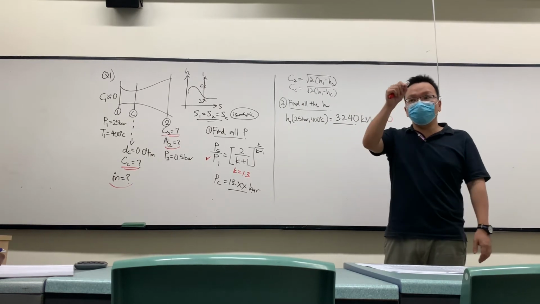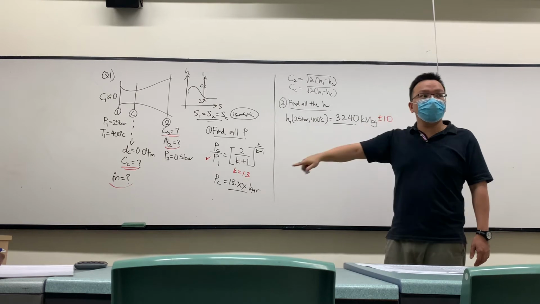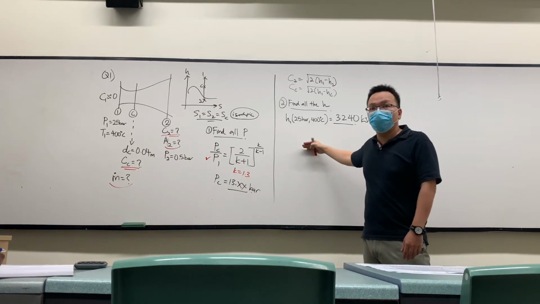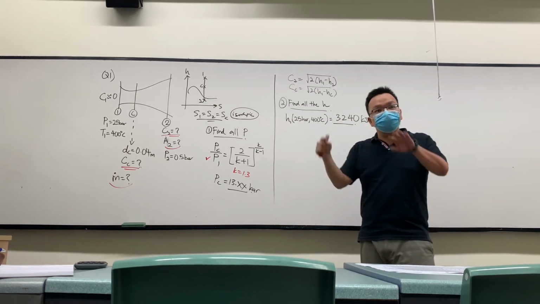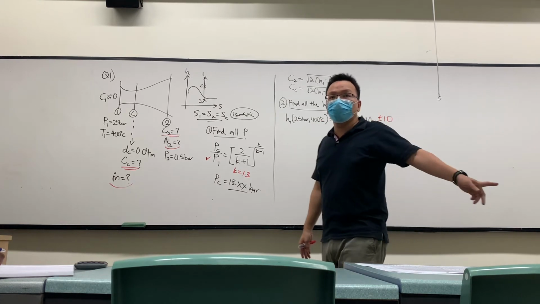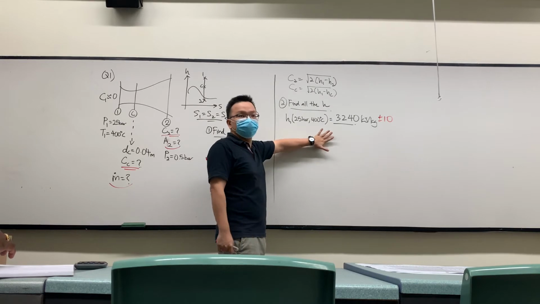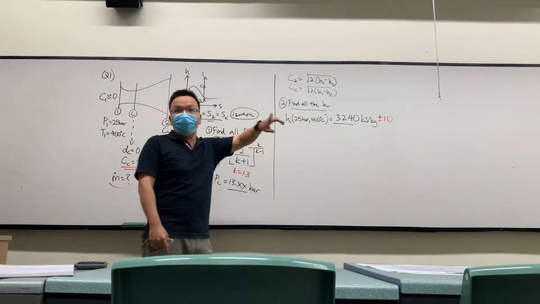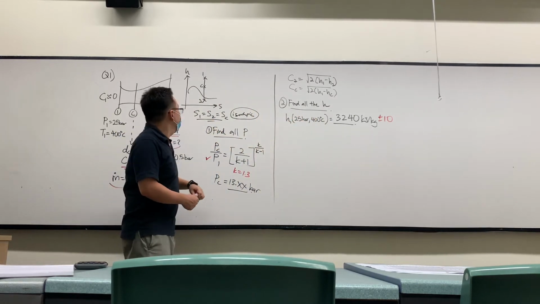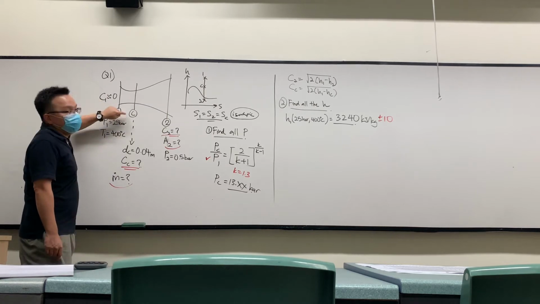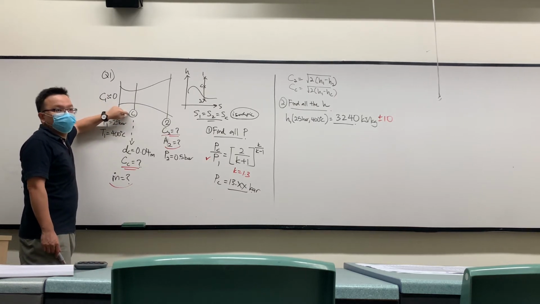Put a little cross there, point 1. You need that point 1 to continue. Don't just read the value and leave your paper clean. May I go on? Okay. Point 2, point C. What do you know?